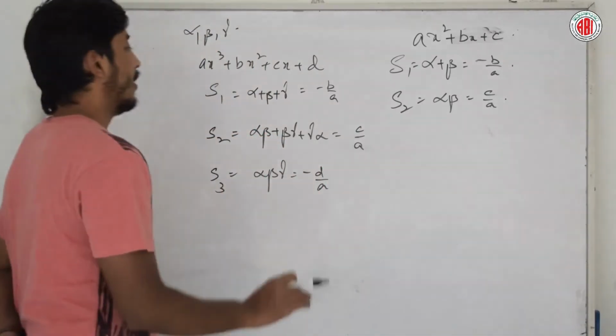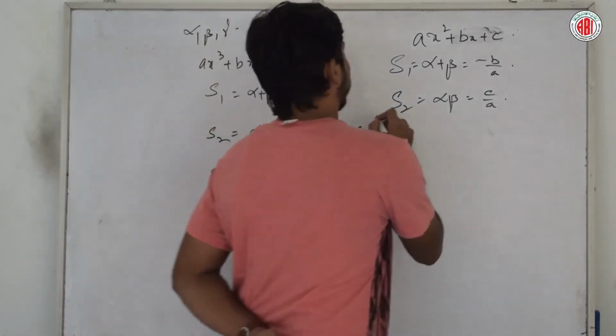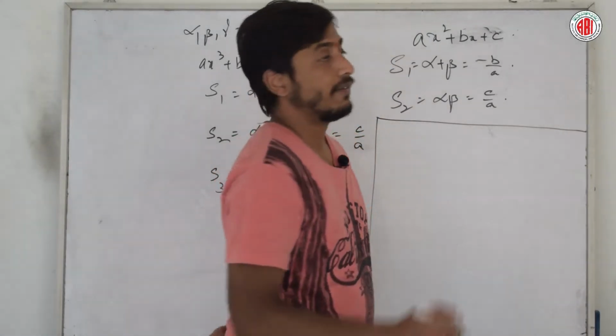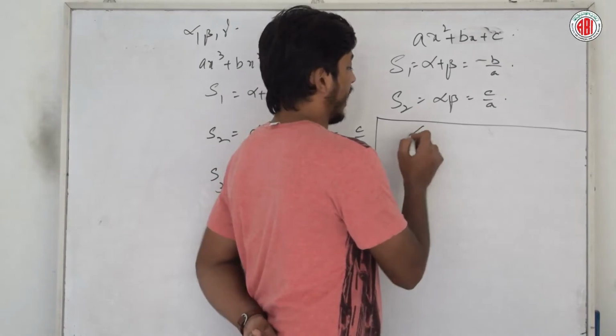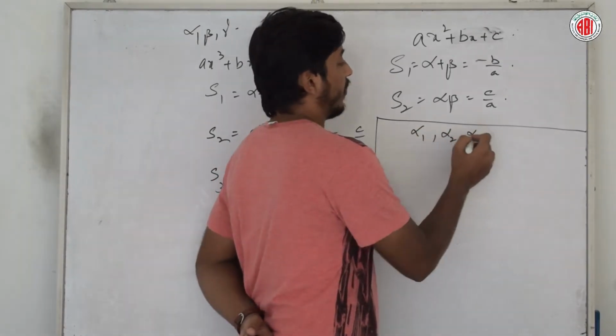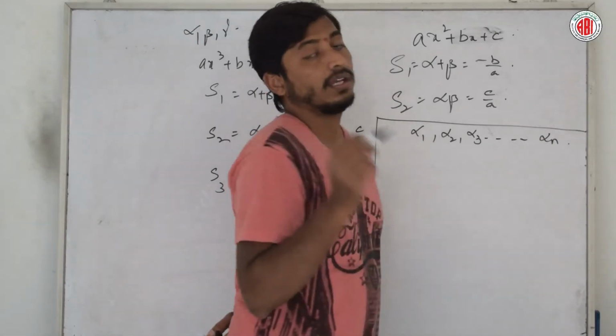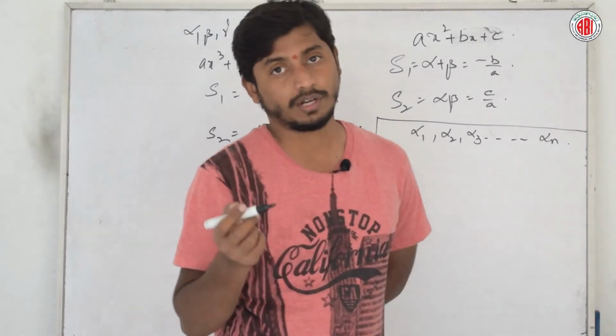So to generalize this to the nth degree equation, we will just write the roots as alpha 1, alpha 2, alpha 3 and so on up to alpha n for an equation of nth order.